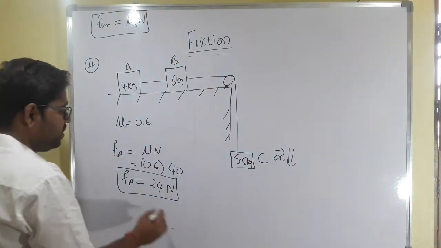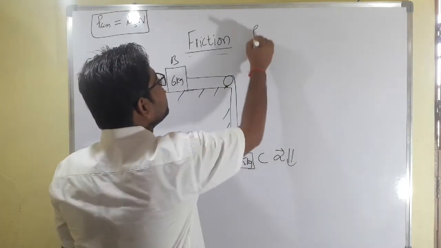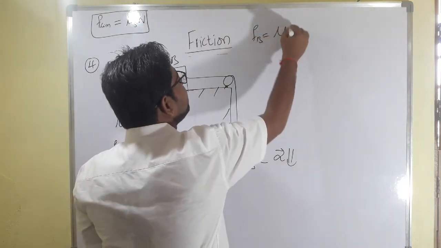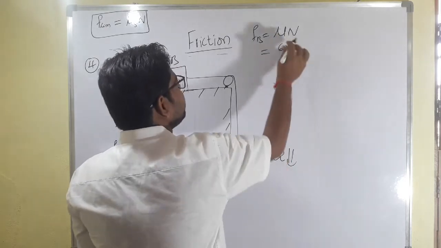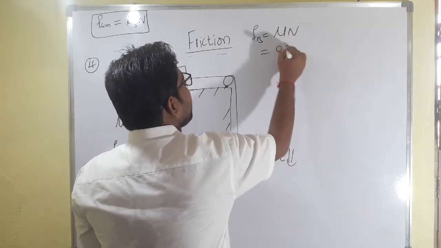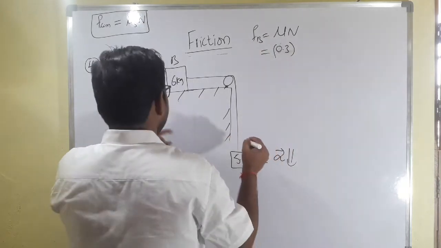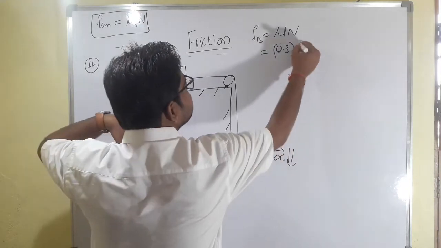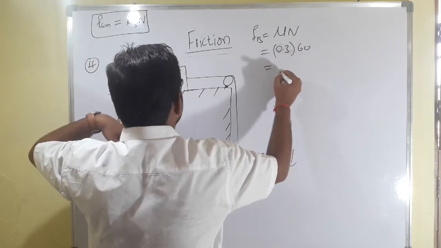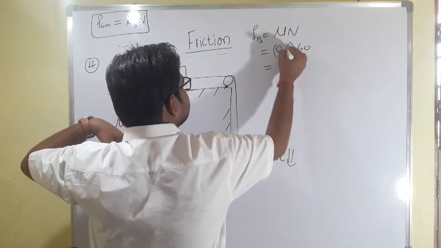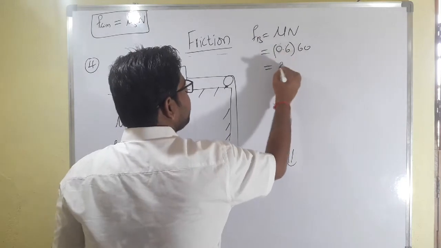Similarly, what is the frictional force of B? Frictional force of B is equal to mu into N, where mu is 0.6 and N is 6 into 10, which is 60. So 0.6 times 60 is 36 Newton.